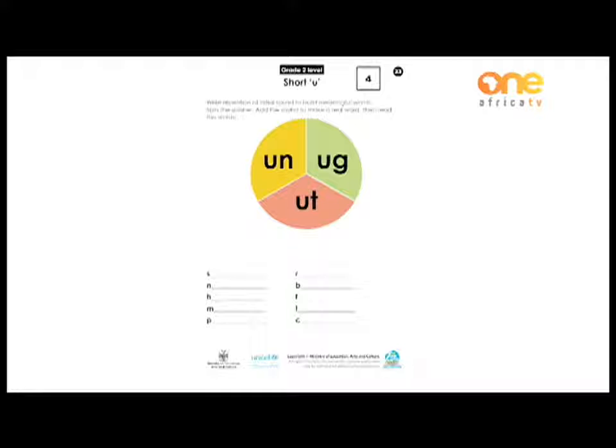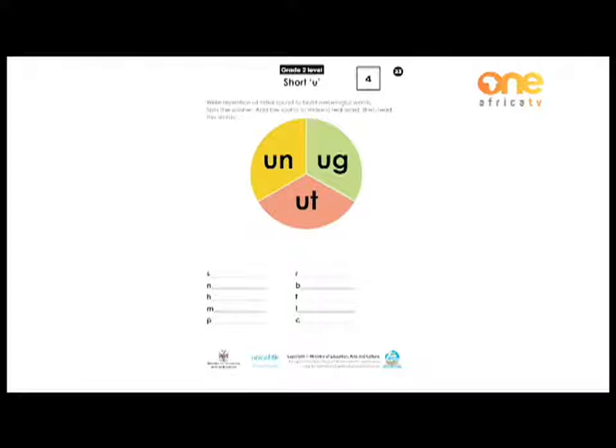Spin the spinner at the sound to make a real word. Then read the words. We have to make use of the words in the spinner and build words. Every time we get a word, and it has to be a meaningful word, we have to write the words on the spaces provided for us.